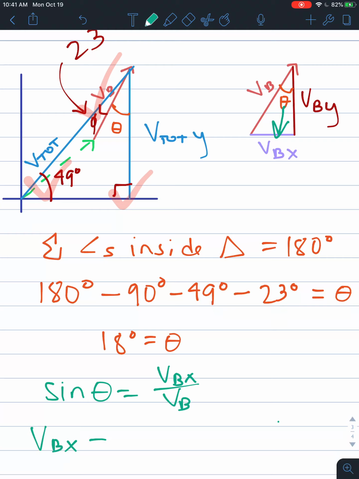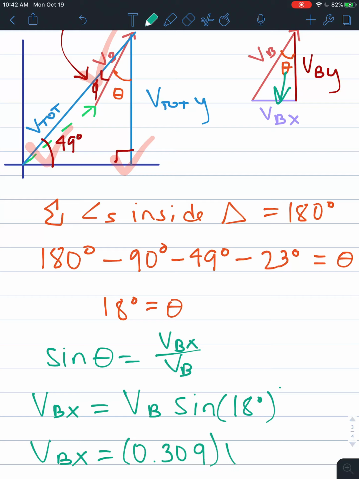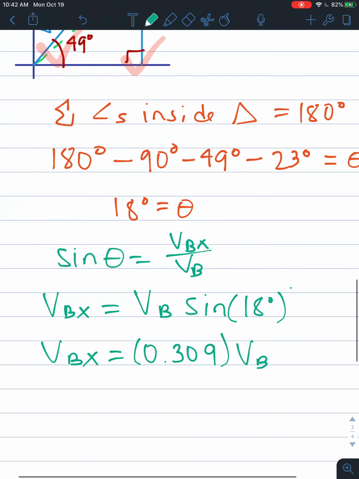Meaning that VBX equals VB times that sine of theta, or sine of 18, because theta is 18. So VBX is actually going to be 0.309 VB.